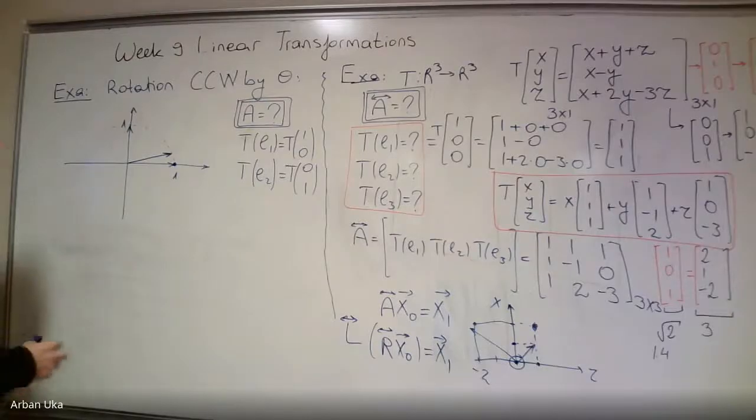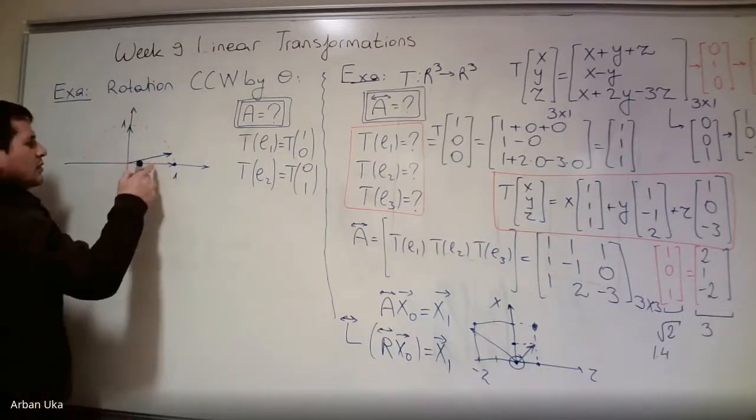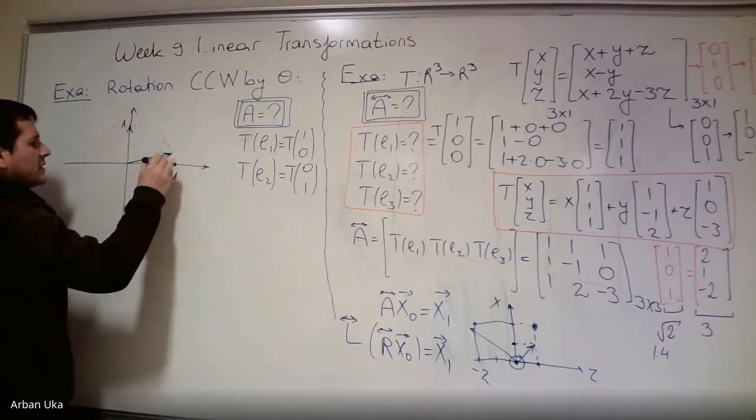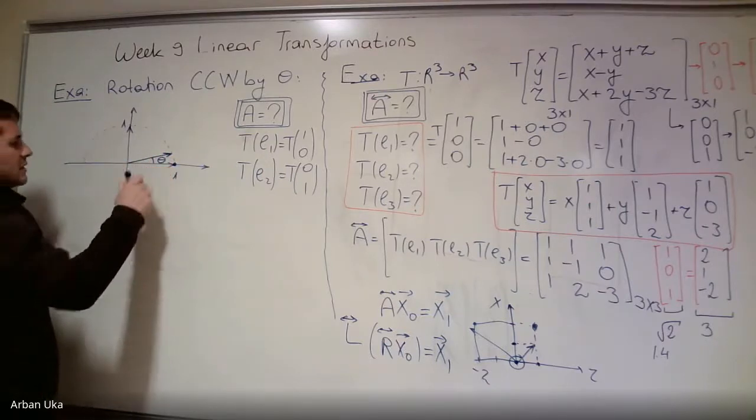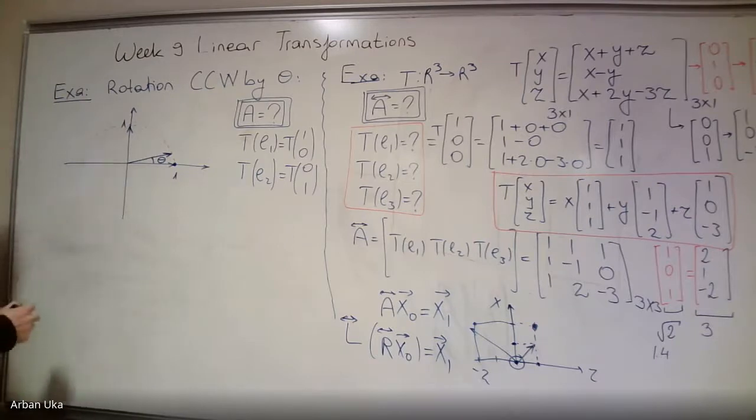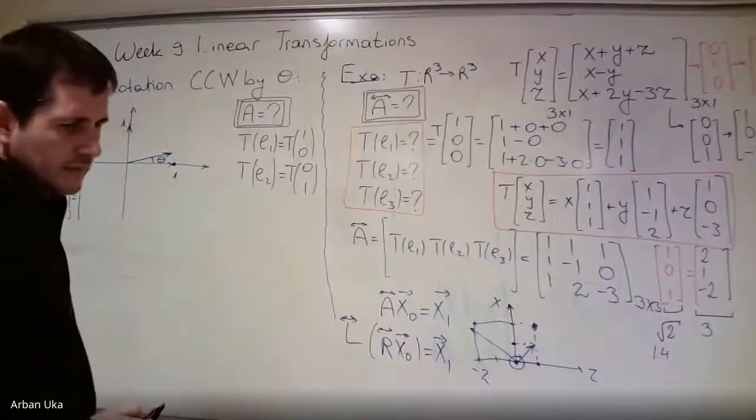But let's think about this one. Let's say that we rotate this one by an angle theta. We denote the new vector by x epsilon, and we know that the dot product of 0, 1 with x epsilon divided by the product of their magnitudes will give the cosine of the angle.